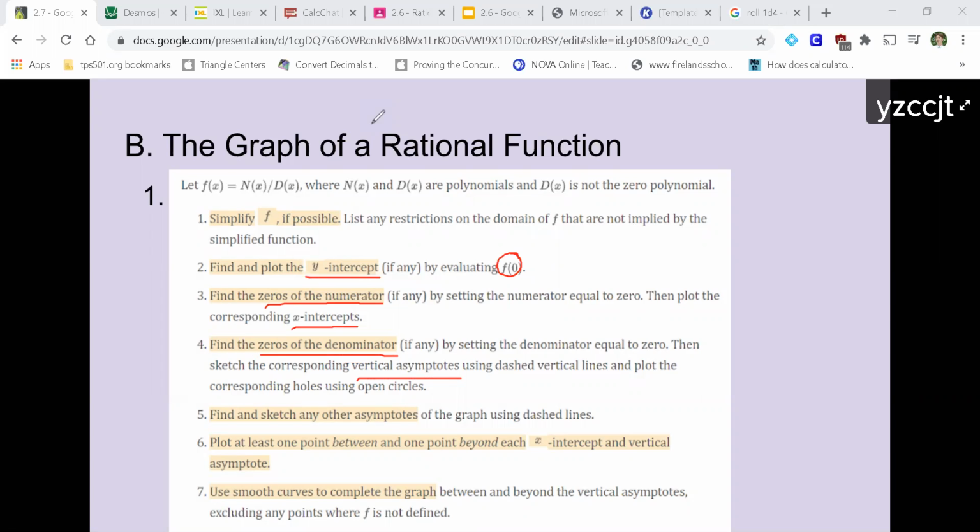But before you actually graph anything, you need to check your answers for 3 compared to your answers for 4. Any duplicate zeros are holes in the graph.